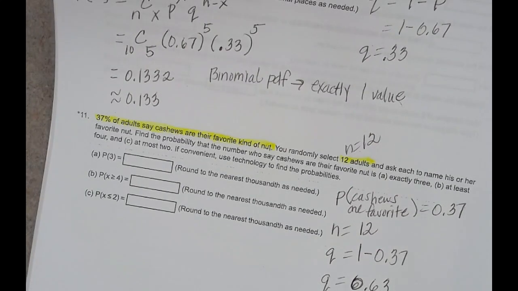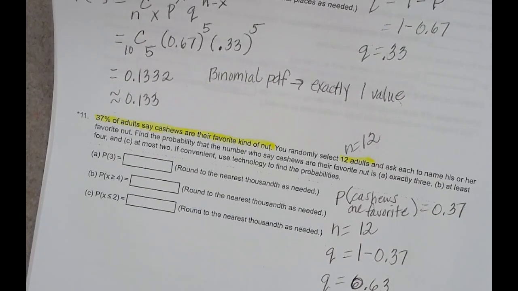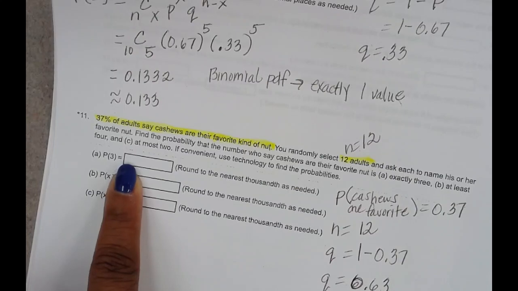Okay? Alright, now remember, for exactly, which function are we going to use in our calculator? That's right, we're going to use our PDF function. So I'm going to get another sheet of paper. This is problem 11. Get me set up here. Okay.